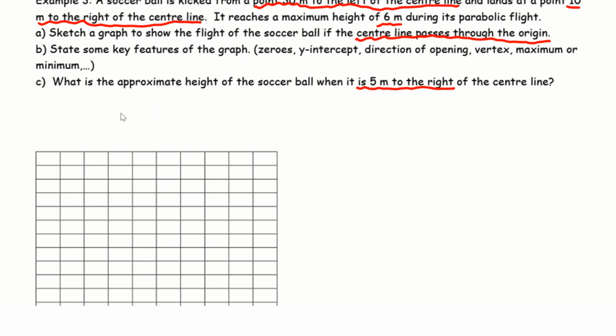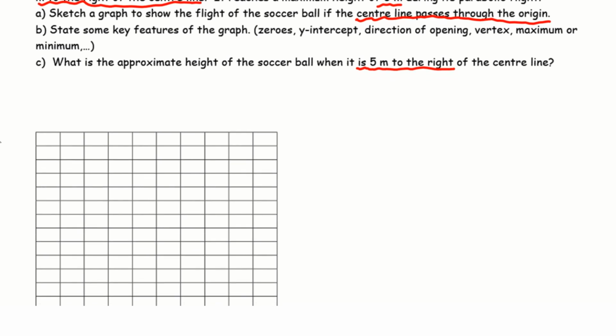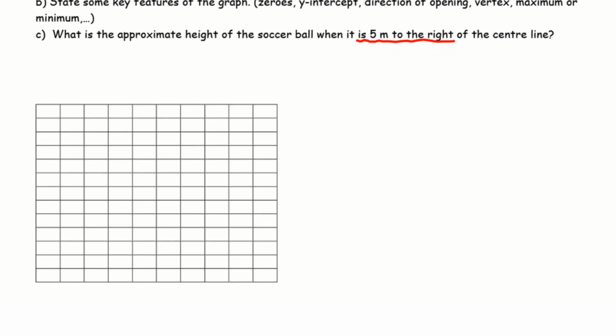Okay, so we are going to see how we are going to graph it. We are going to draw the center line. And again, the soccer ball didn't say below the ground, so we are going to draw the x-axis at the bottom.